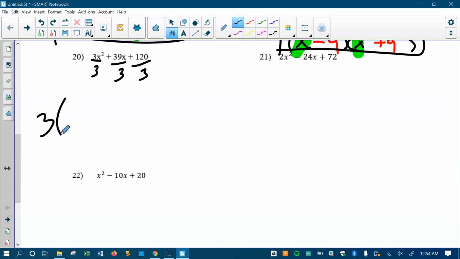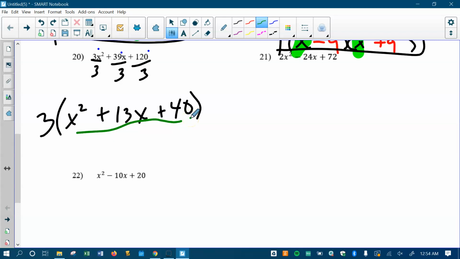If I divide everything by 3, I get x squared plus 13x plus 40. I notice that I can't take anything else out. Like I cannot take out any x's because I only have 2 x's here, 1 x there, and 0 x's there. So I could only take out a 3. But what I have left here is something that I can factor with the Foster method.